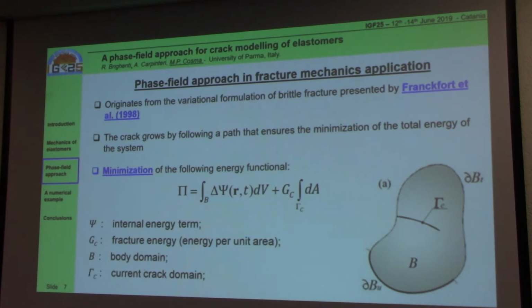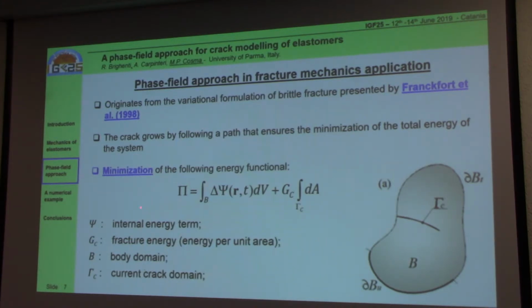Okay, let's start with the focus of this lecture, which is the phase field approach. The phase field approach has its origin in the variational formulation of brittle fracture presented by Francfort and Marigo in 1998. This theory states that a crack grows by following a path that ensures the minimization of the total energy of the system, the so-called functional of the material, which is reported here.